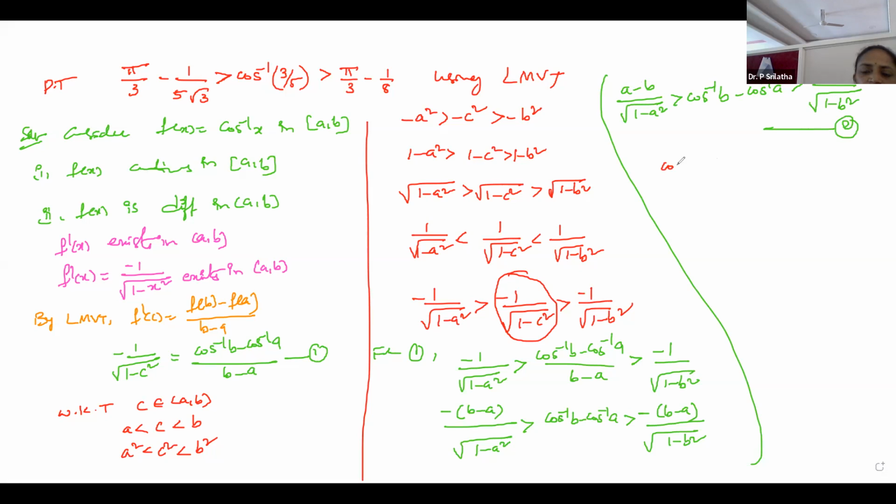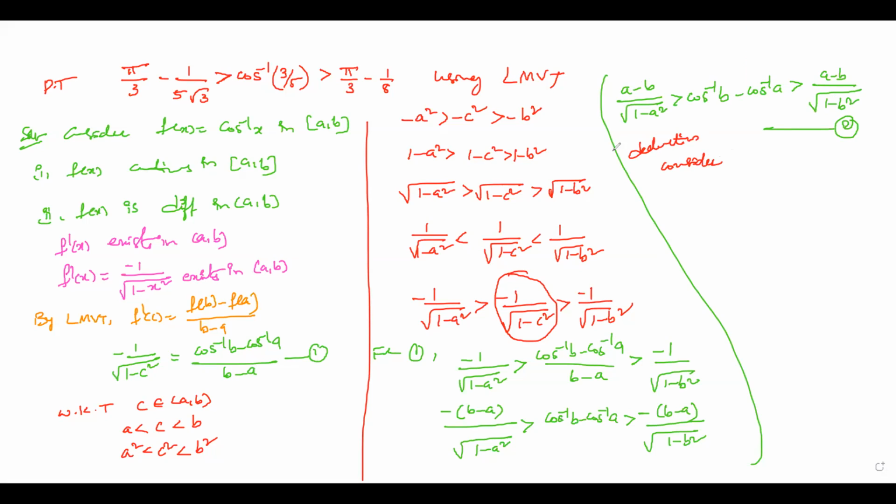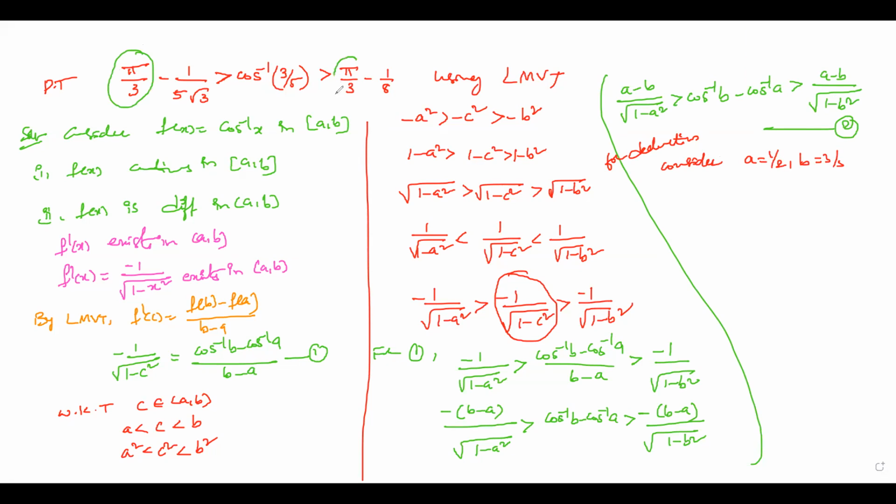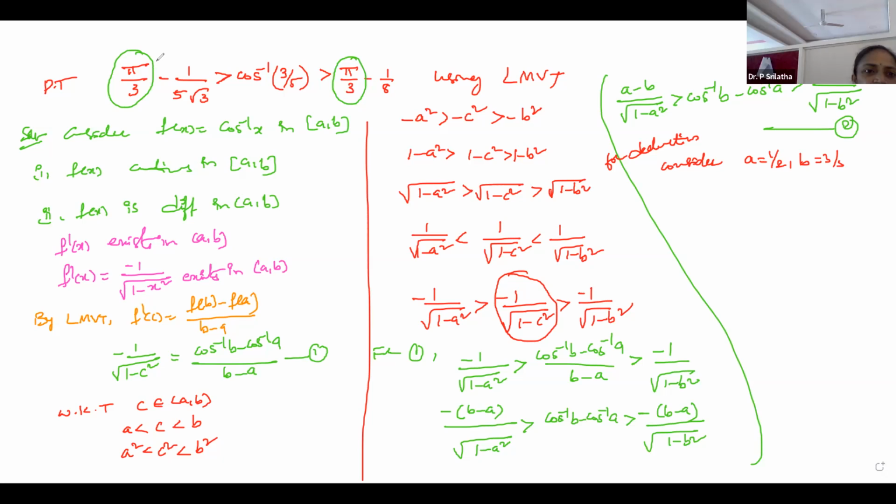Now tell me what is the a value and what is the b value. This is for deduction. a is 1 by 2, b is 3 by 5. Both sides have a similar value, that is pi by 3, which is cos inverse a.